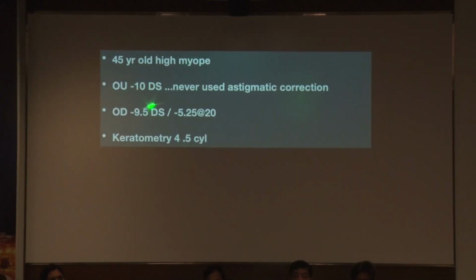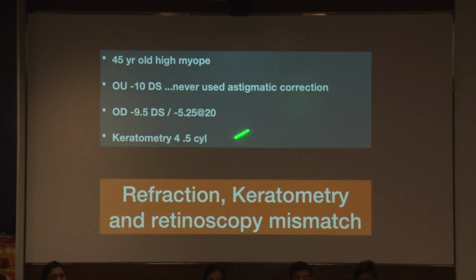Another interesting example, this was a myope, never worn any astigmatism correction in his life. And when he came to me, my optometrist gave me a cylinder value of -5.25. But the patient has never worn one, and the keratometry also gave me 4.5. Now, will you put a toric IOL in this patient or not? Now, we investigated this patient. What has happened is there is a refraction, keratometry and retinoscopy mismatch.